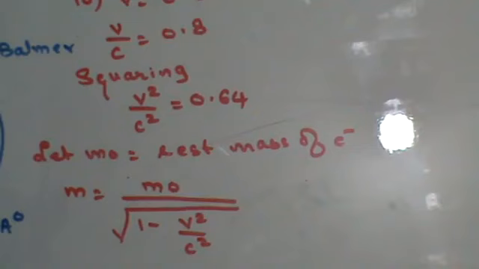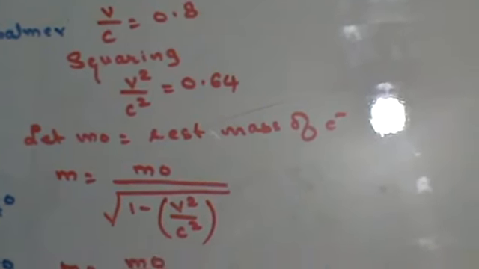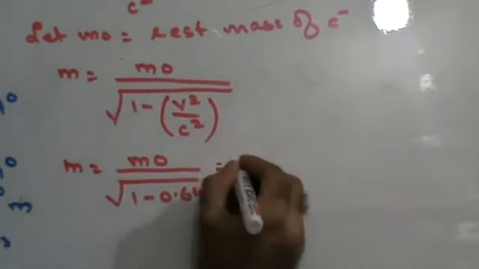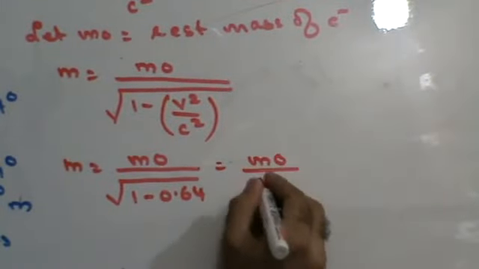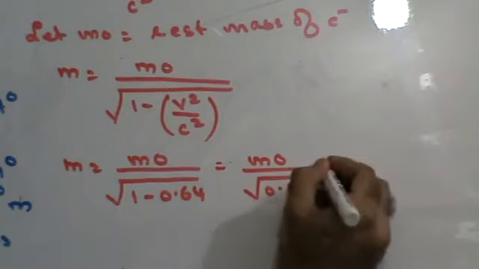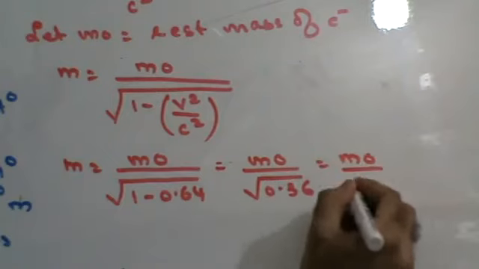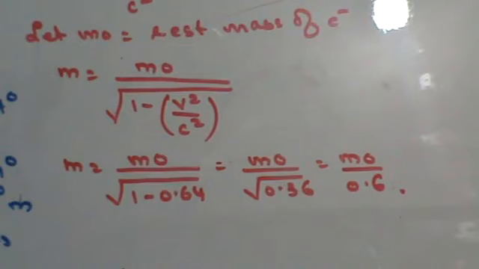We have already found out the value of v square upon c square, you can find out the ratio. Here you will get this as m is equal to m0 upon square root of 1 minus 0.64, which will be nothing but m0 upon square root of 0.36, which is m0 upon 0.6, right?